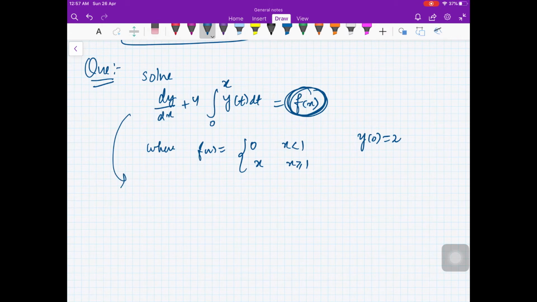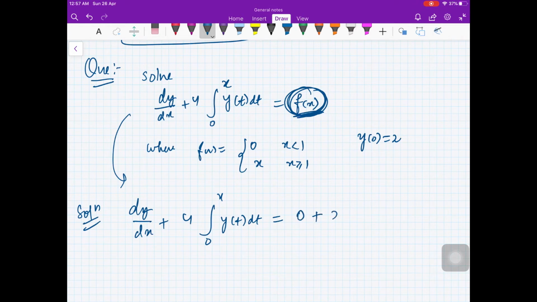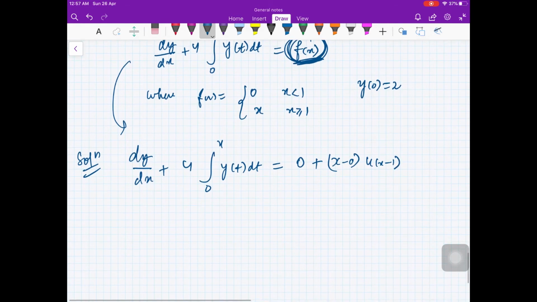First of all, you write this in terms of the unit step function, because we will use the Laplace transform. So I am writing dy by dx plus 4 times the integral from 0 to x of y(t) dt. On the right hand side, I can write this function as 0 plus x minus 0 into the unit step at 1. Now take the Laplace transform on both sides.